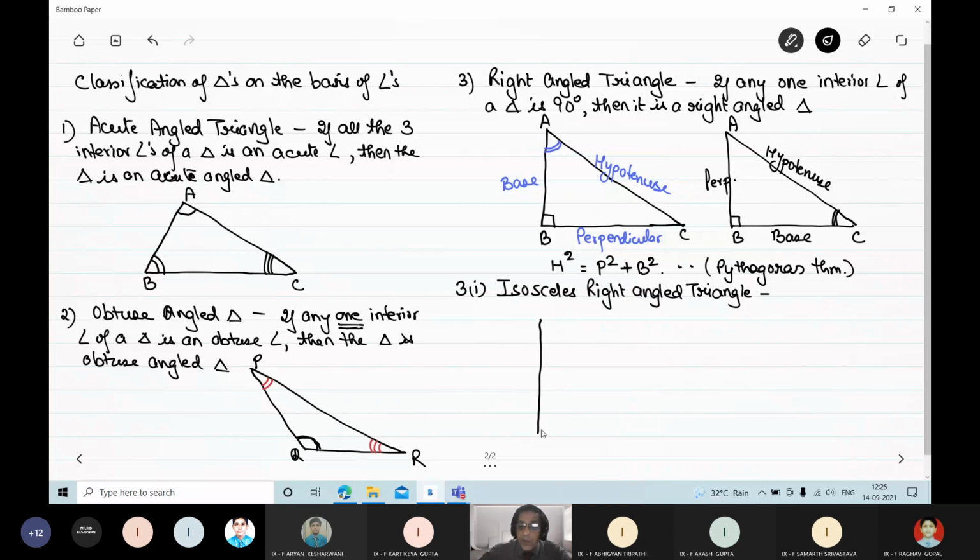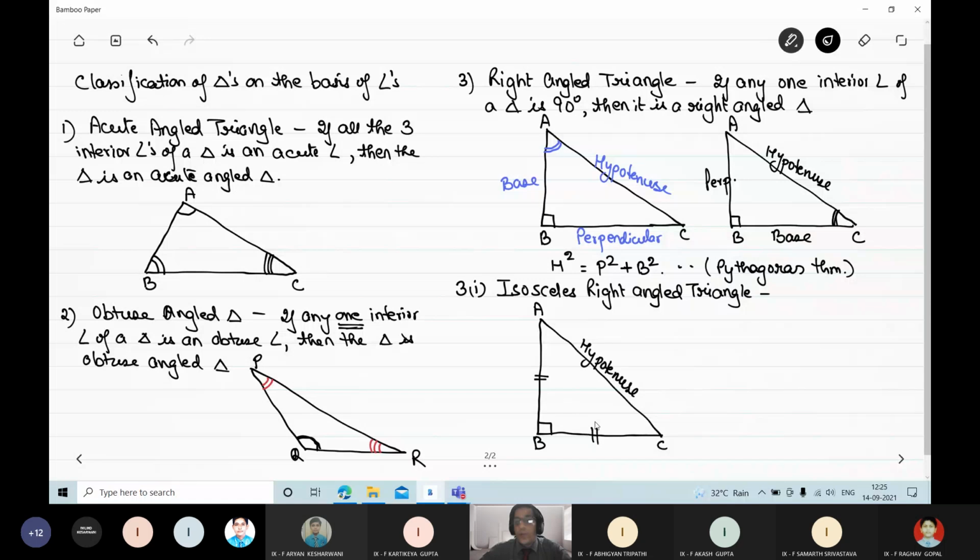Right angle triangle wherein one angle is 90 degrees. So if this is a triangle ABC wherein angle B is 90, we know that the hypotenuse is the longest side. So it cannot be equal to any other side.